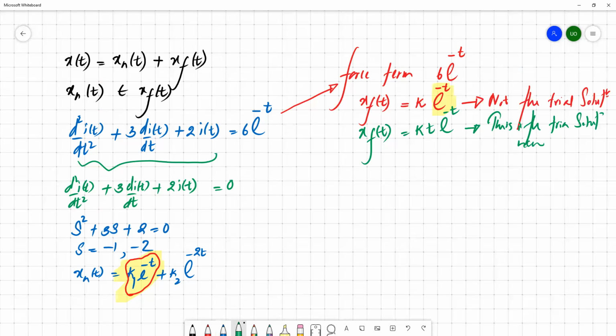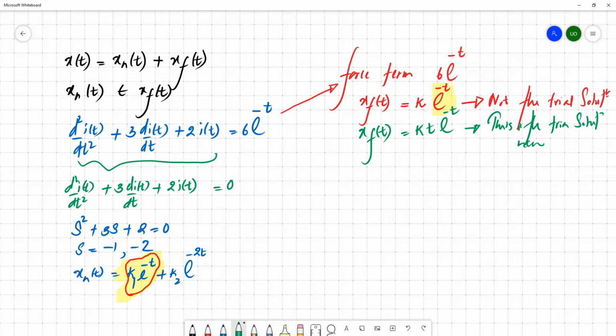The simple briefing here is, once you get the differential equation, you can easily find the natural response by converting it to the characteristic equation and plugging it into the standard formulas we derived based on the nature of the roots. Then you can evaluate the forced response. We go through the forcing term and propose a trial solution for this particular circuit.